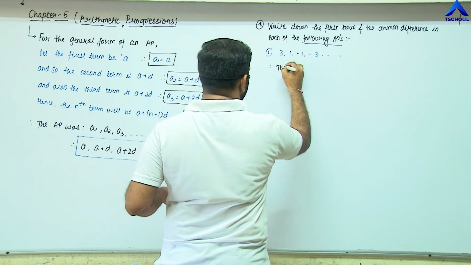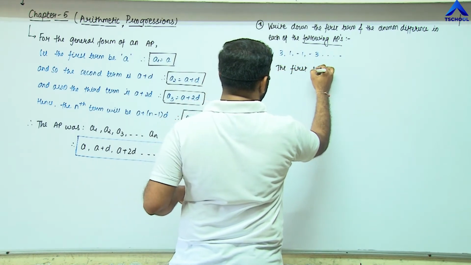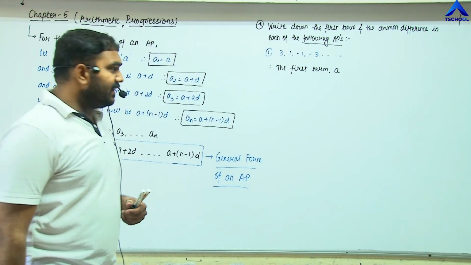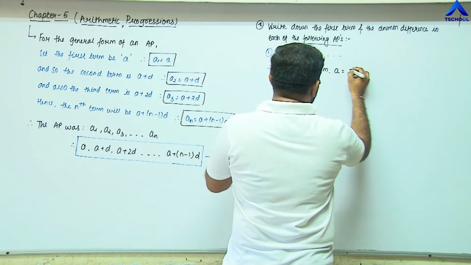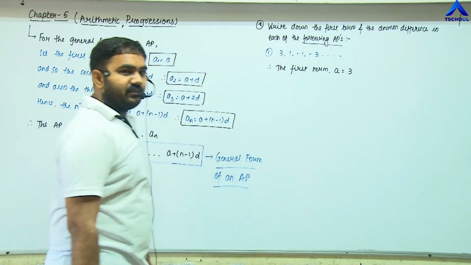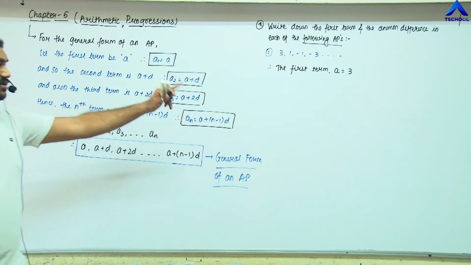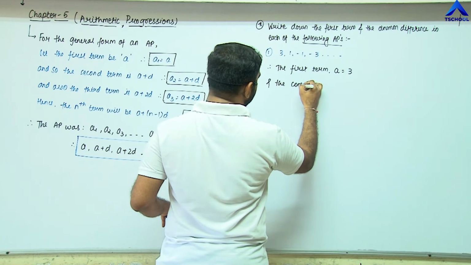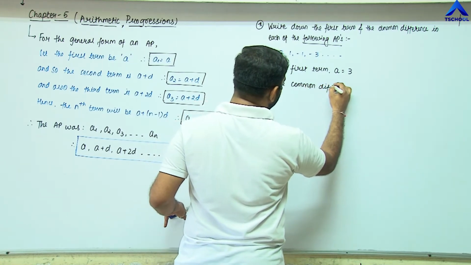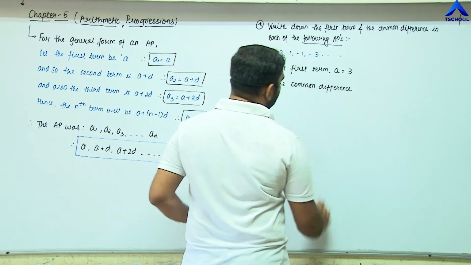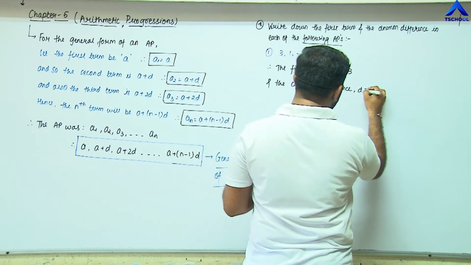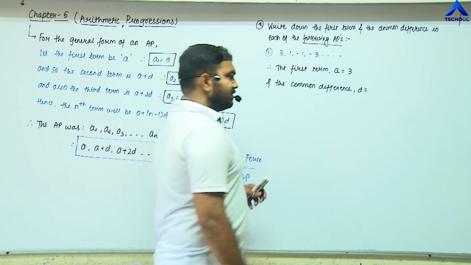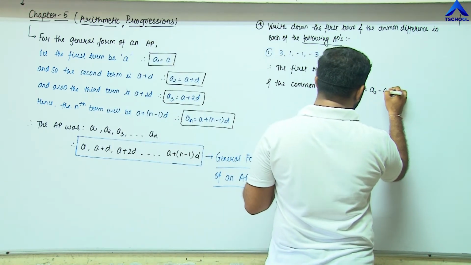Therefore, the first term, which is known as a, is actually the very first number of the given arithmetic progression, that is 3. So the first term here is 3, and the common difference, denoted by small d, is a2 minus a1.